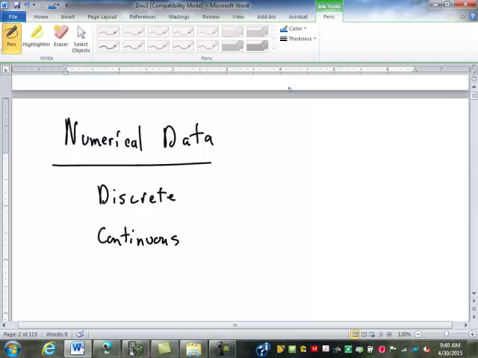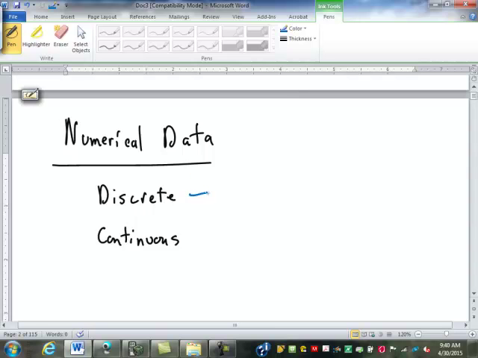The technical definitions you'll get: discrete is set numbers with gaps in between them, with specific divisions in between them. Continuous is the whole spectrum of numbers. The technical definition for continuous is no matter how close together two numbers are, you can always find one in between them. That's continuous. Now, I'm going to give you a little bit simpler definition of the two of them because it's what works better for me and it makes more sense to me.